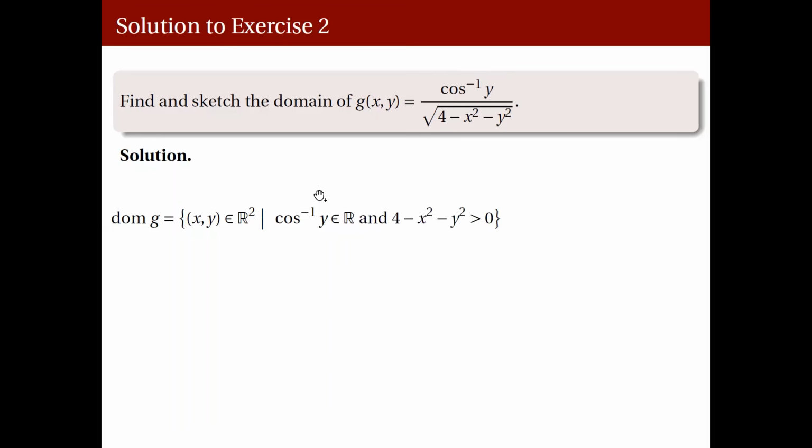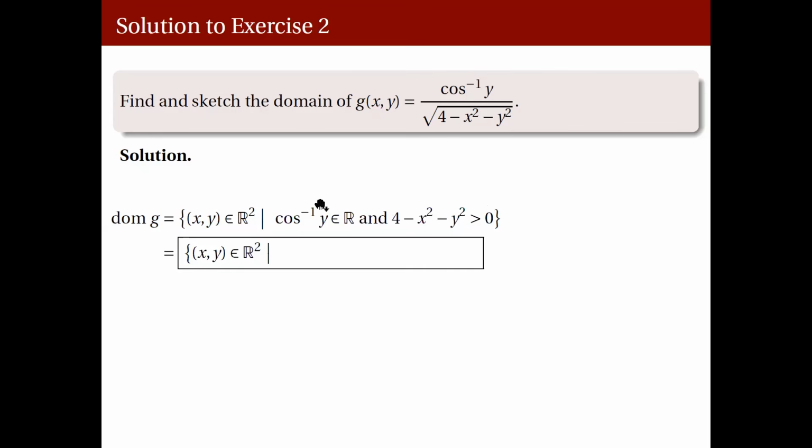Furthermore, we must have the denominator. It involves a square root here, so it should be non-negative at first. But since it is in the denominator, we remove the possibility that it is equal to 0, which gives us this inequality. Okay? And now we solve for x and y satisfying those properties. The first one gives us y between -1 and 1, with the endpoints included.